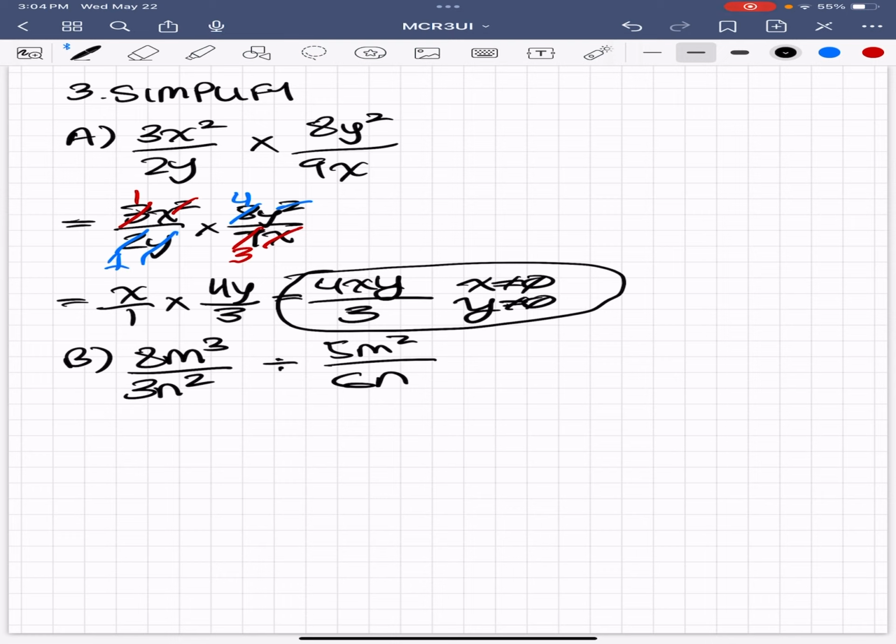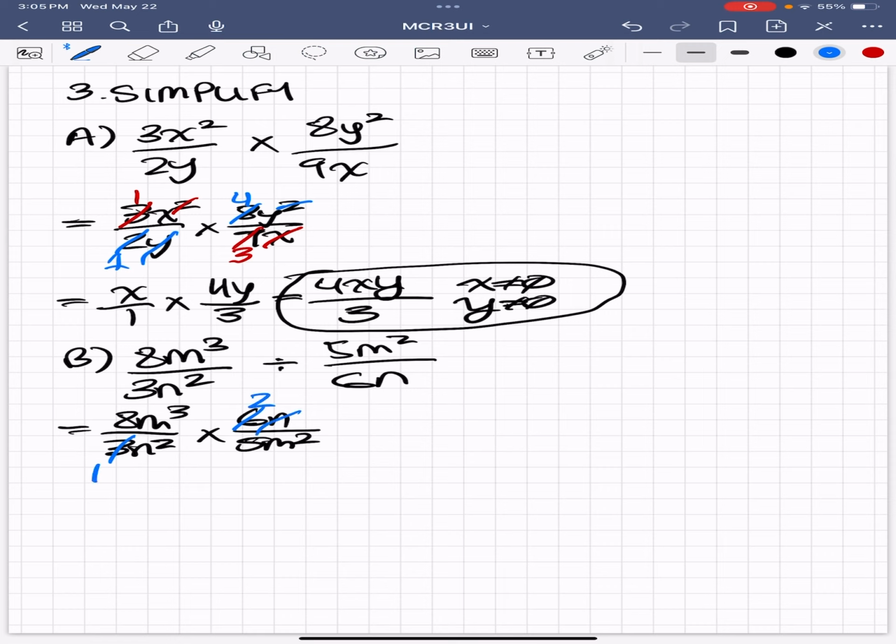Moving on. So this is a division statement. Blues will be the n's and reds will be the m's. So I have 3 and I have a 6, so this would be 1, this would be 2.